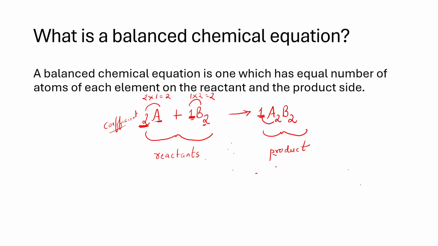Again, we multiply the coefficient with the subscript appearing for A and B. So for A, it's 1 times 2, which is 2, and for B it's also 1 times 2, which is 2. So we see here that this is a balanced chemical equation because the number of atoms of A and B on the reactant and product side are the same.